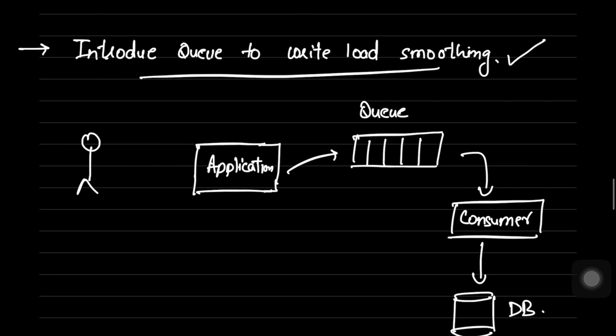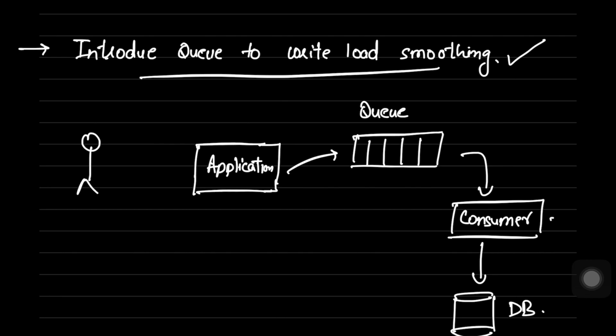This will handle the spikes in the write access pattern. If there are a lot of writes in a very short amount of time and there is no queue in between, the database might go down if your application is directly writing to it. But if there is a queue in between, it will buffer the data and write based on how you have scaled up your consumer.